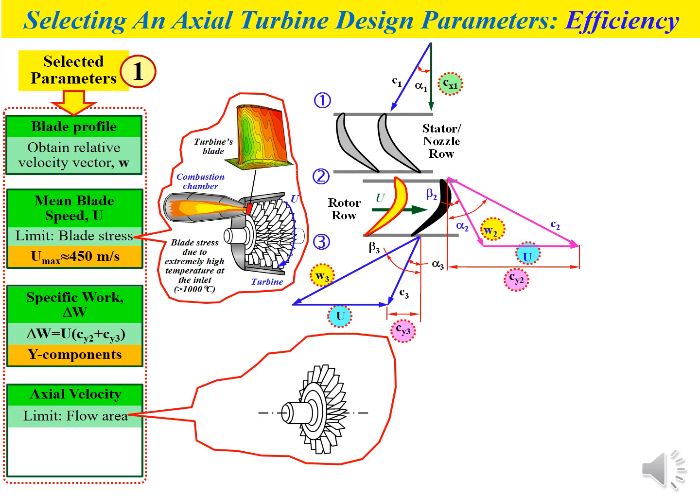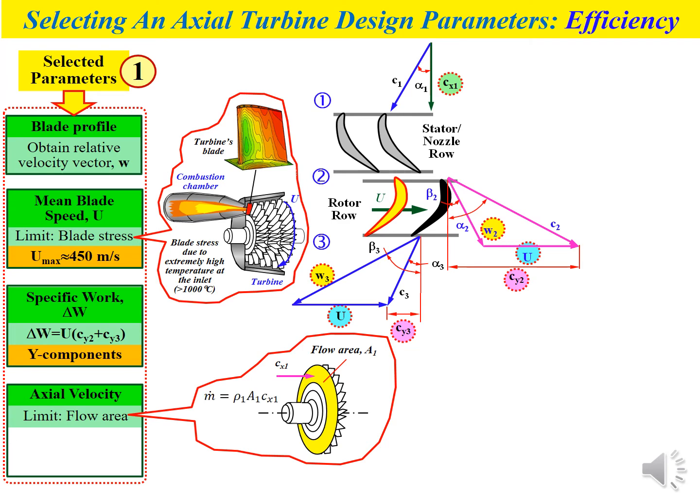As shown in the figure of the turbine rotor, the flow area is the yellow region, represented by flow area A1.